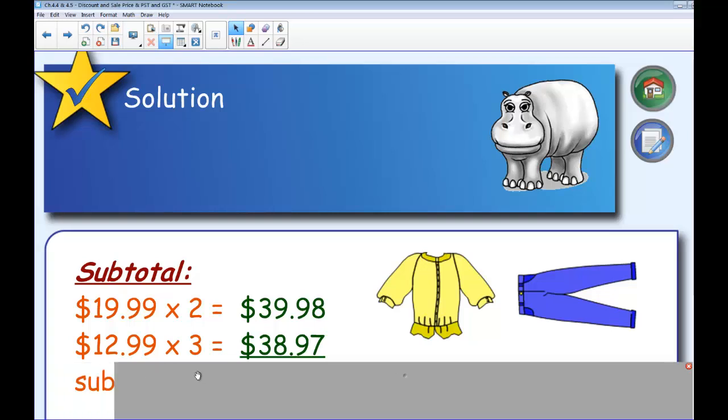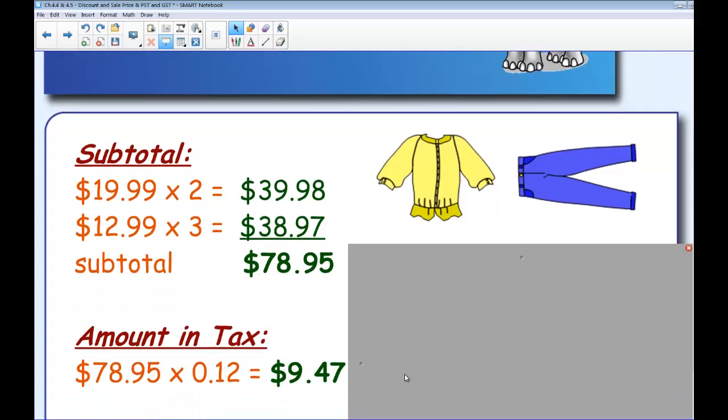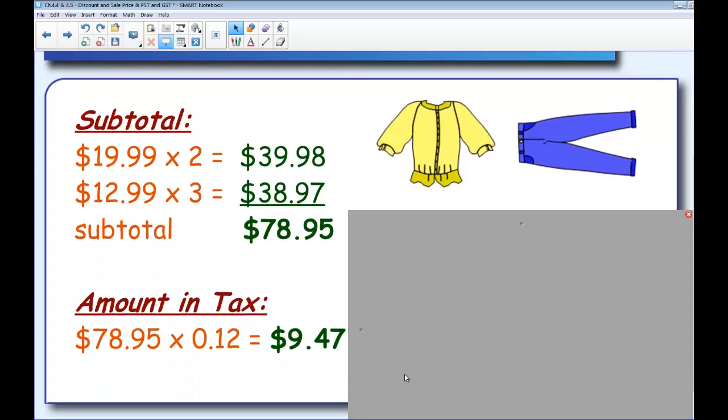So her subtotal then, before taxes, is $78.95. To figure out the amount in tax that she would pay, we take that subtotal, $78.95, multiply that by 0.12, which is 12% in decimal form.